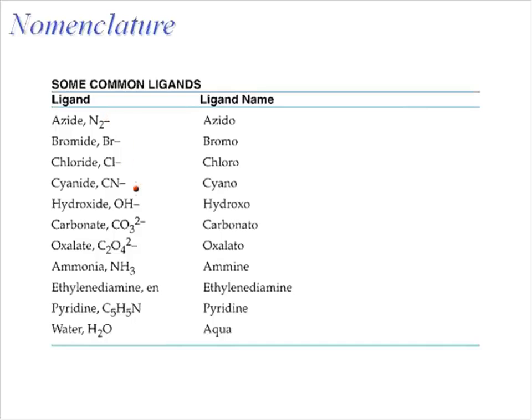Anion, anion, anion, anion, anion. Up to here, all anions. Azido, bromo, fluoro, cyano, hydroxo, carbonato, oxalato. Neutral molecules. This is not called ammonia, amine.